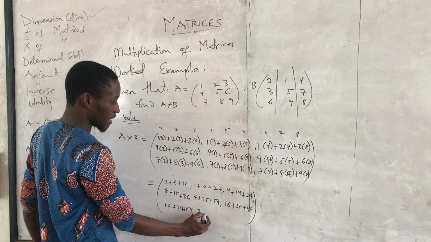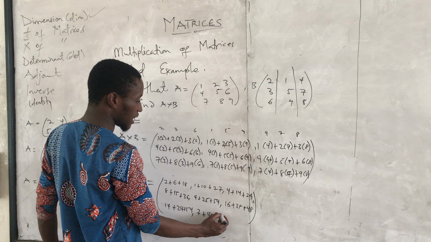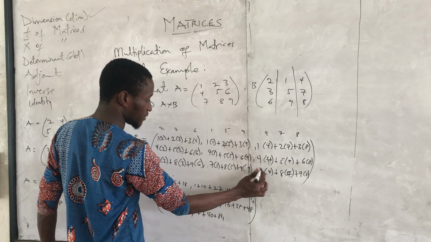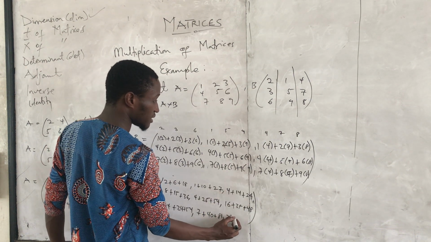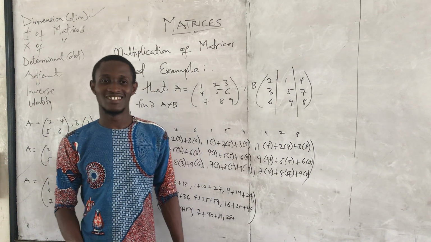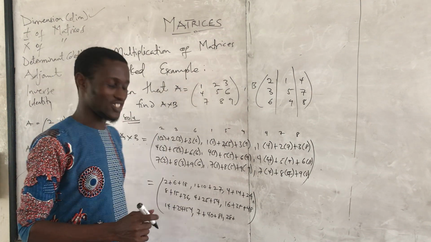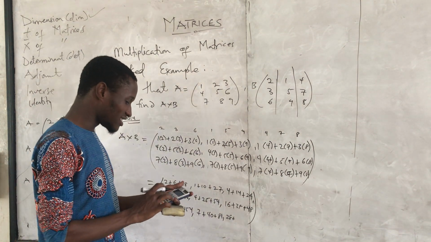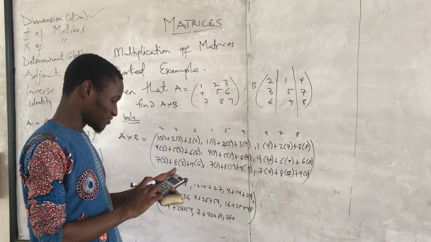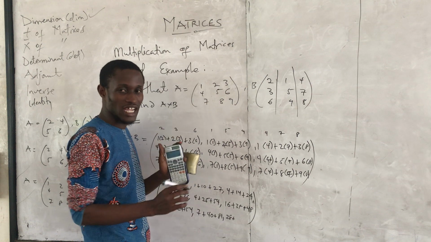So 7 plus 8 times 5 is 40. 9 times 9 is 81. Then we have 7 times 4 is 28. 8 times 7 is what? 56. If you are not sure, take your time, use your calculator.